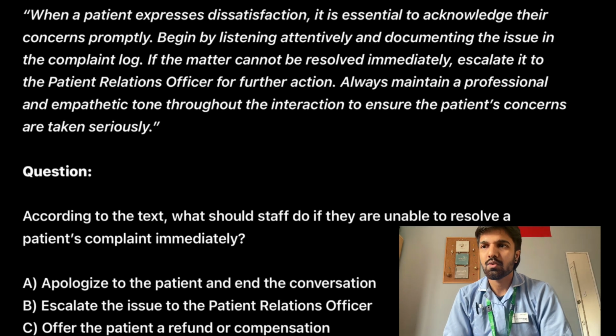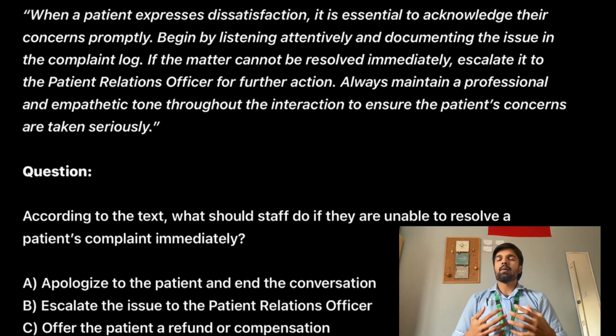Okay, next we move to sample question number 3, the easy one. According to the text, what should staff do if they are unable to resolve a patient's complaint immediately? I'm a nurse in my department.